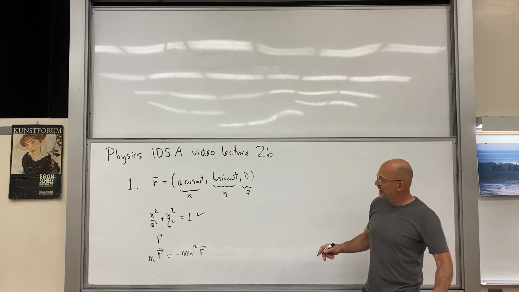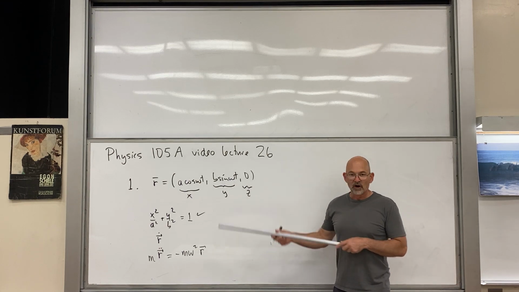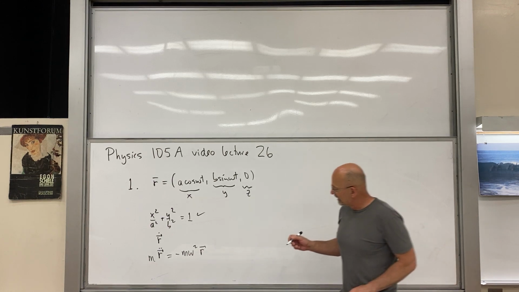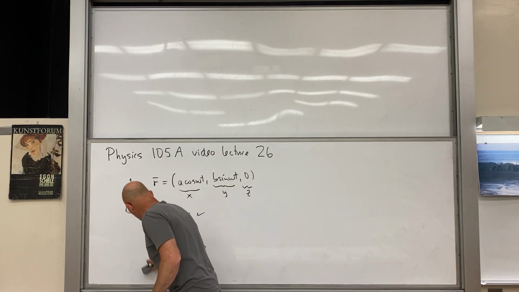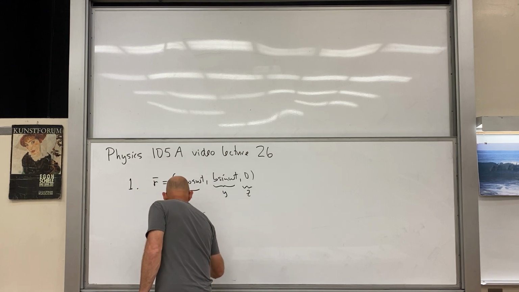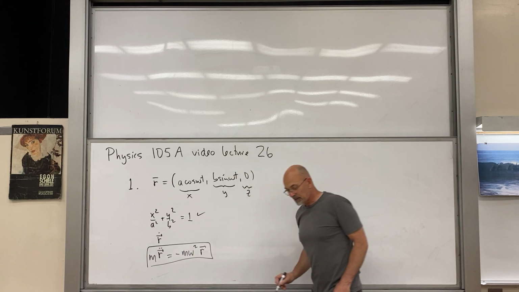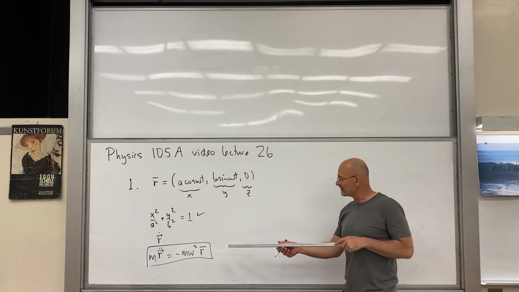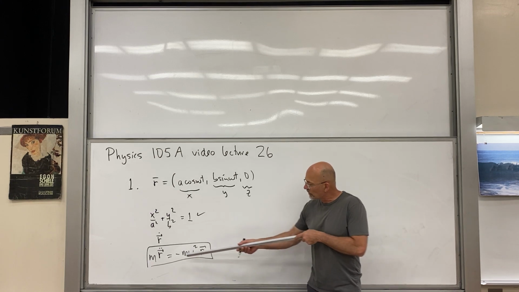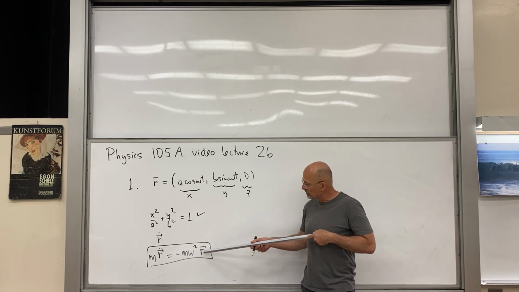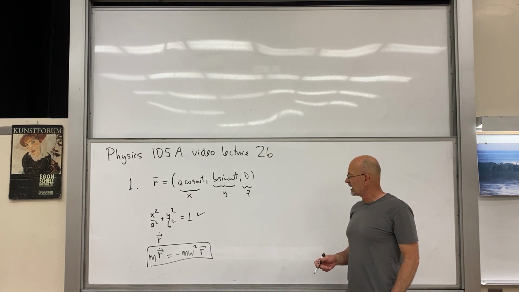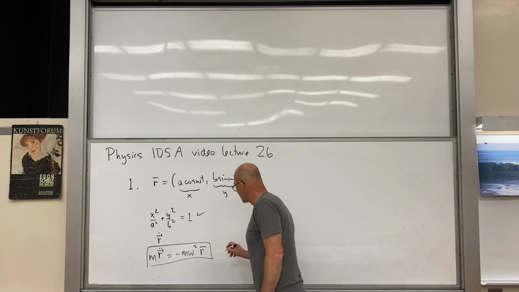A, b, and omega are constants, t is the time. We're going to use this in a couple of days because that's going to be our first example of a central force, namely a force that's directed back towards the origin. That's our minus sign, directed back towards the origin, proportional to r. So we're actually going to work with this, but that was a part of the problem.